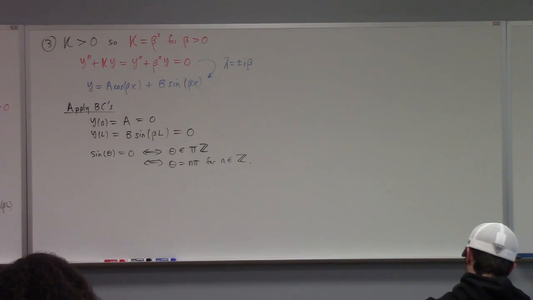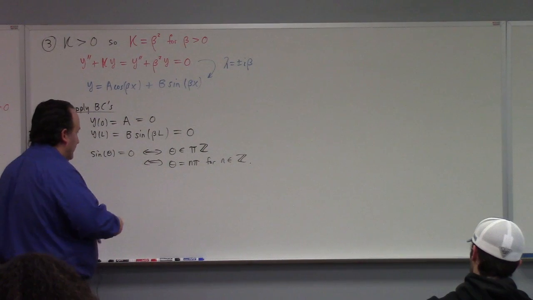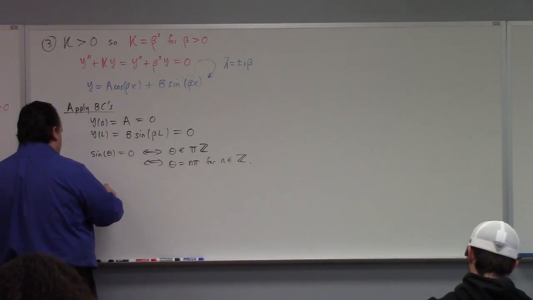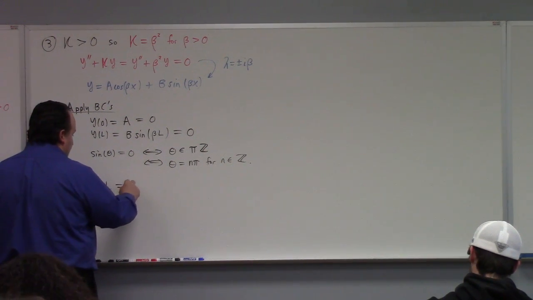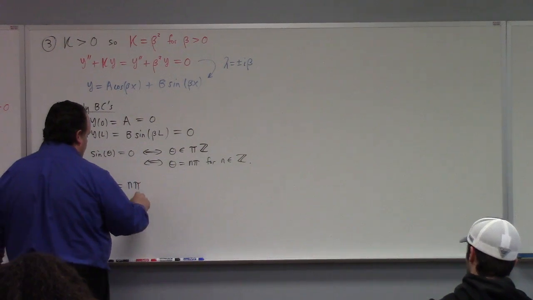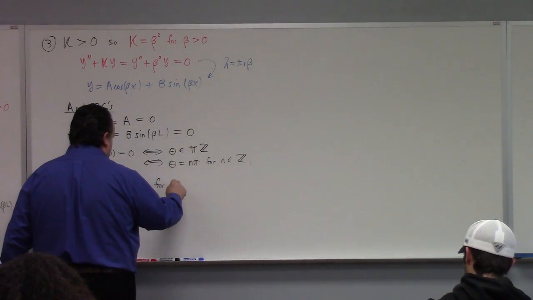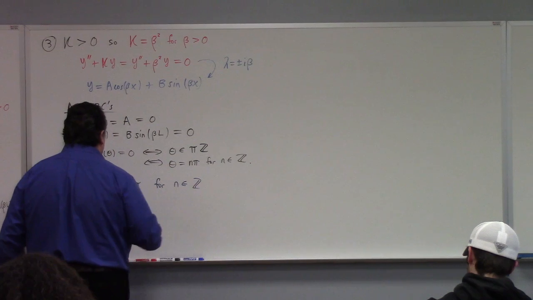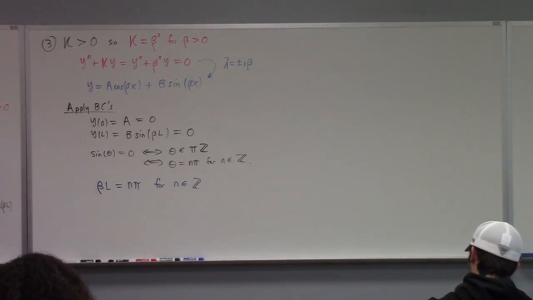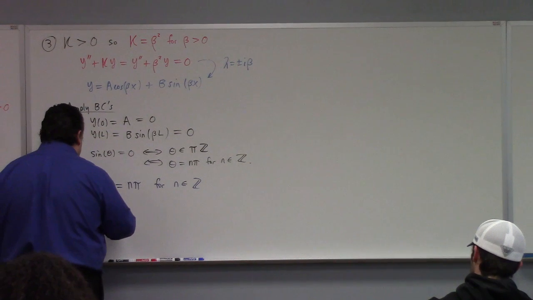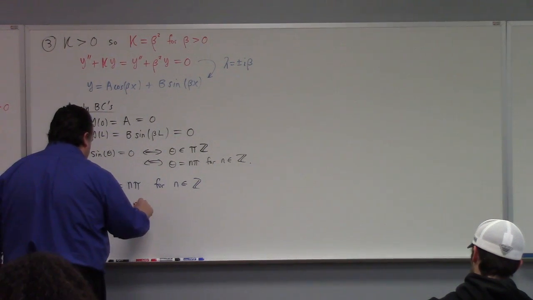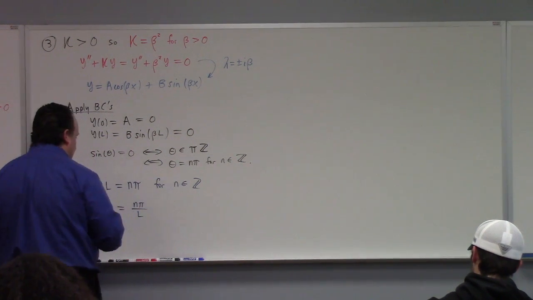Aha! Well, now we've got something. So if we put beta L equal to n pi, for n in Z, we can solve for beta. Beta is equal to n pi over L.